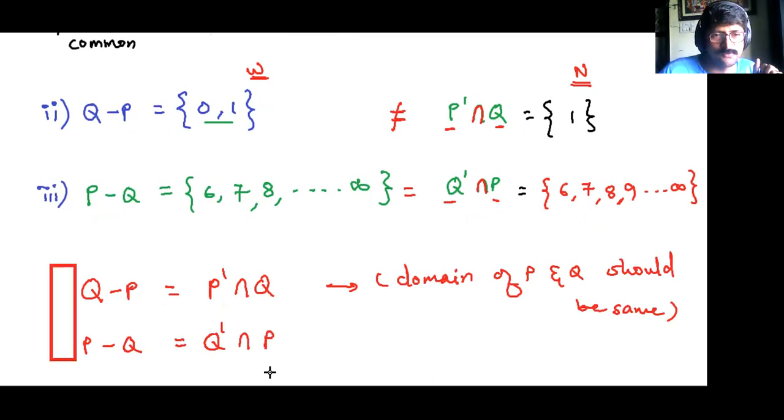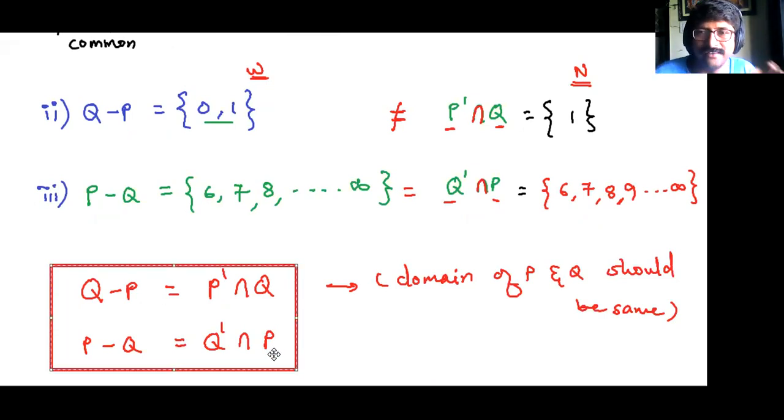We're going to utilize this formula very frequently in this part of the video. So Q minus P is same as P complement intersection Q, until and unless domain of P and Q is same. Otherwise, you'll have to just find out the separate part. Okay, and then P minus Q is same as Q complement intersection P. I hope you got the concept perfectly. Please copy paste this quickly in your book. Hurry up.